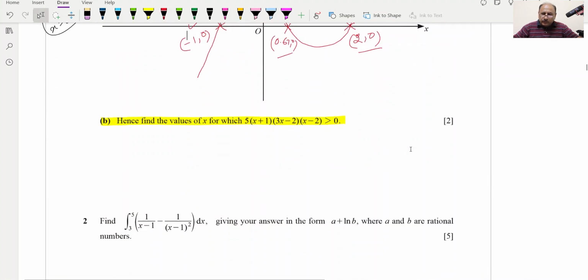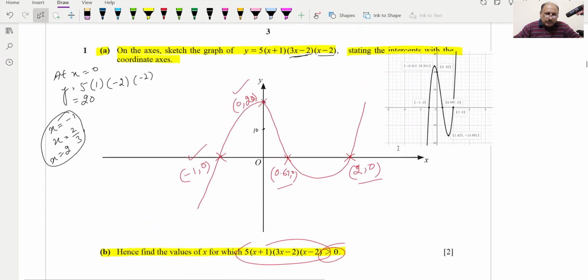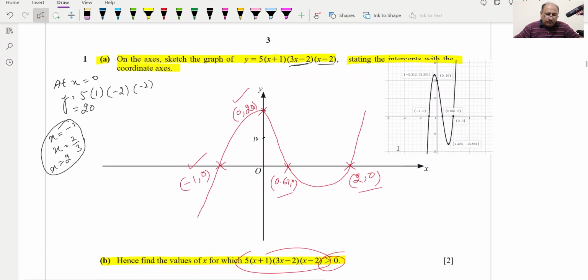Hopefully you got this. Now for part B, we have to find the values of x. We can see how the x value is varying where the y value is greater than 0. Greater than 0 is for this section and this section, this one and this one.